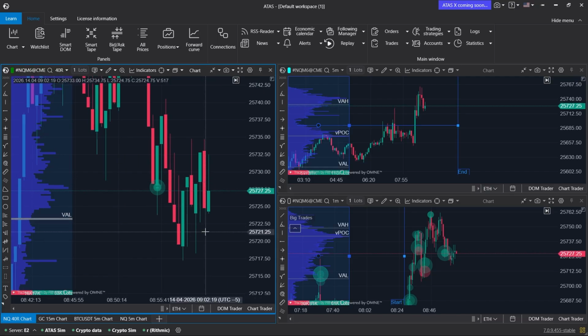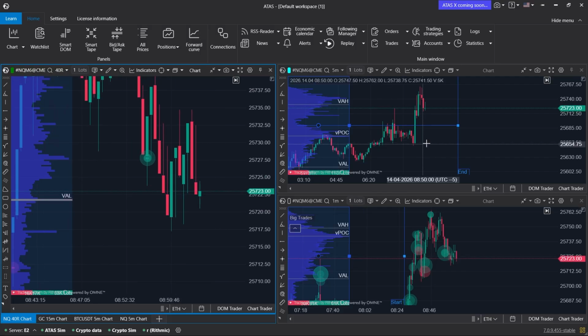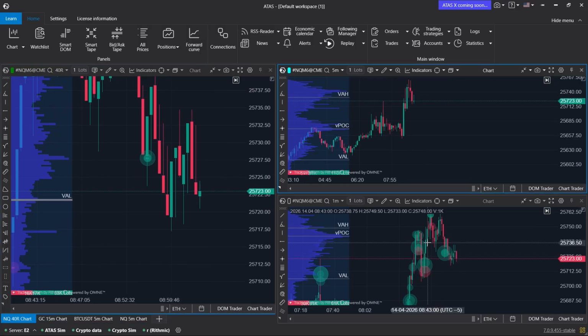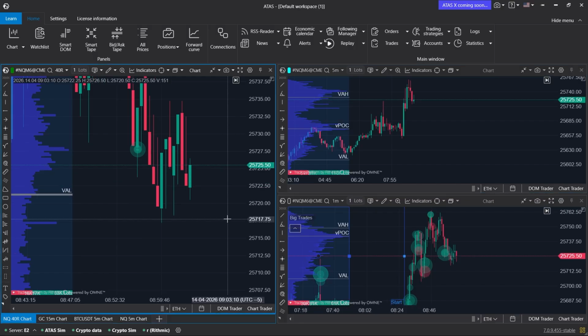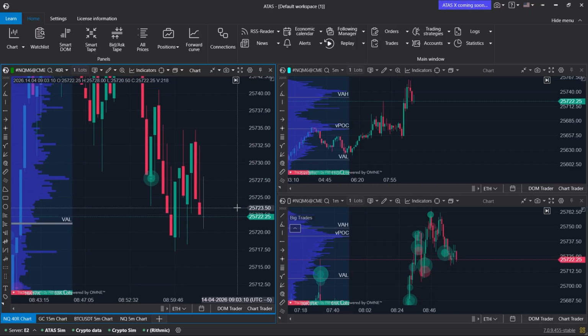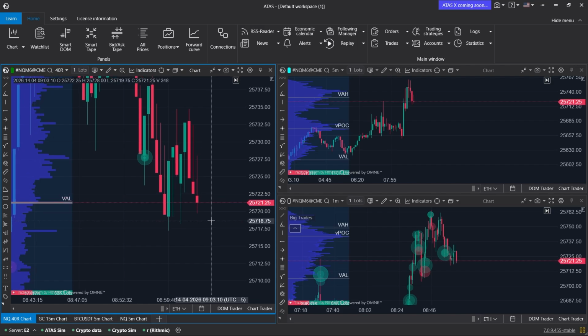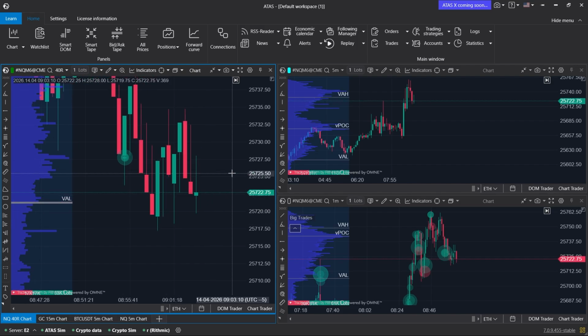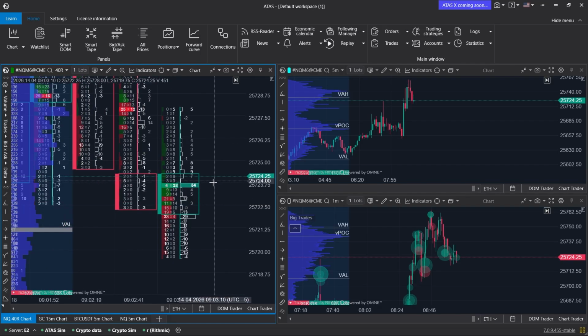I'm not risking a lot, so I'm not tensed about it at all. Yeah, see, there are big trades being placed right at this level. You can see the delta increasing.